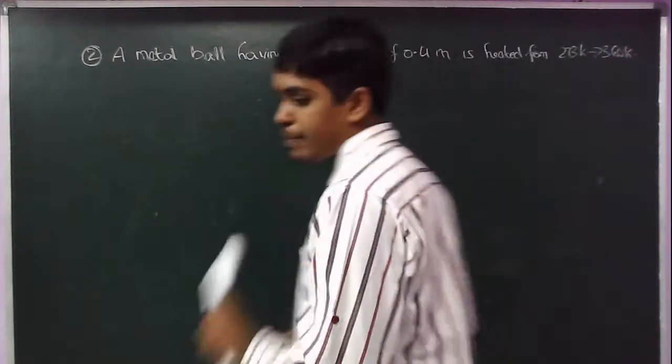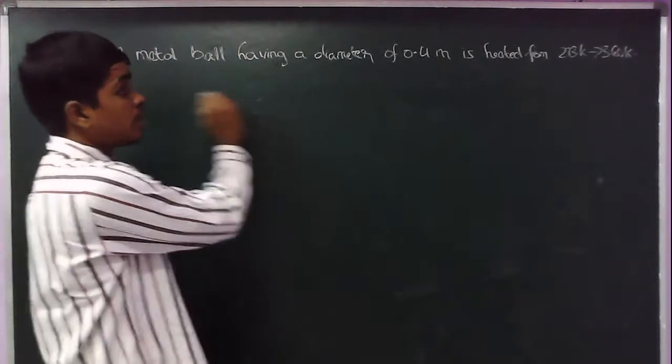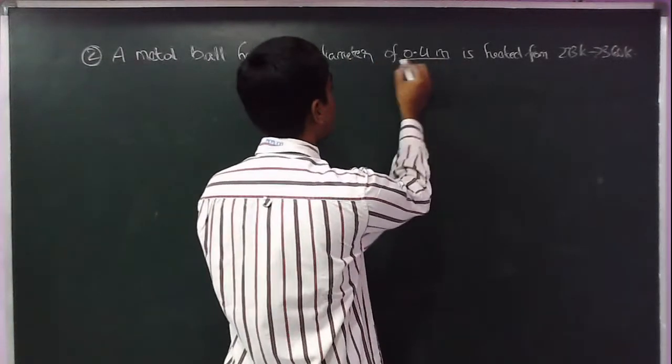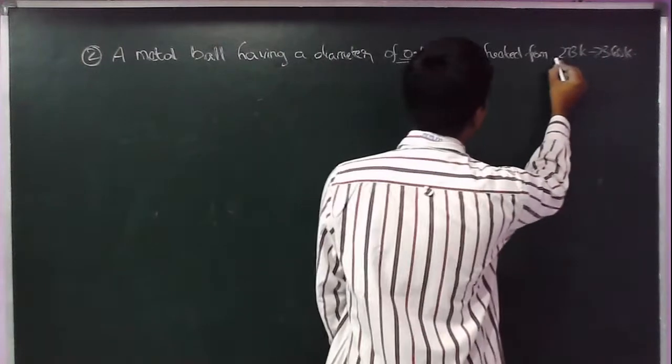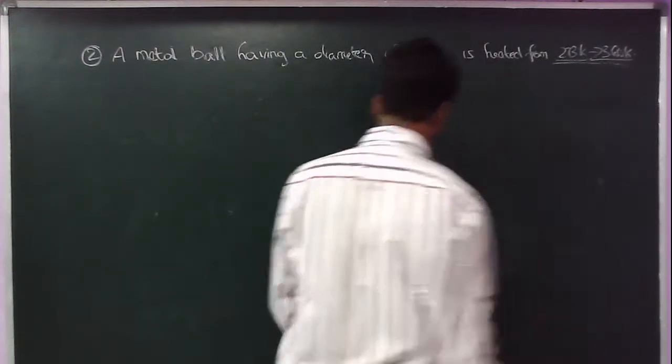Okay, this is the first part. Now there is a metal ball with an initial diameter of 0.4 and it is heated from 273 to 360 kelvins.